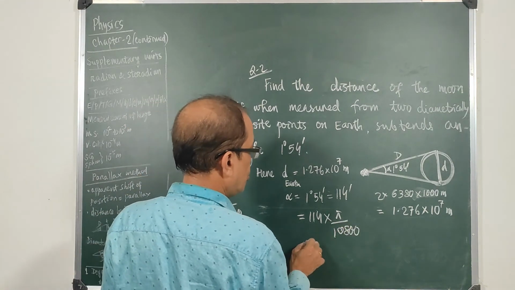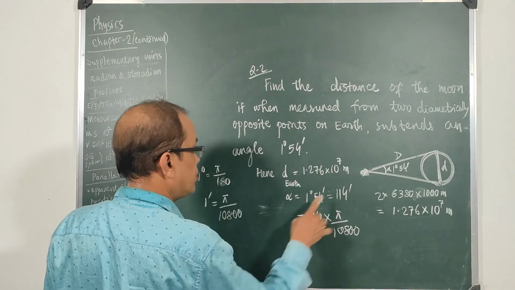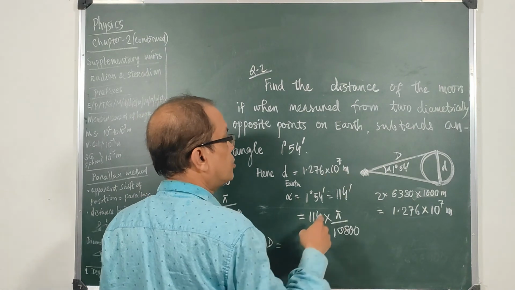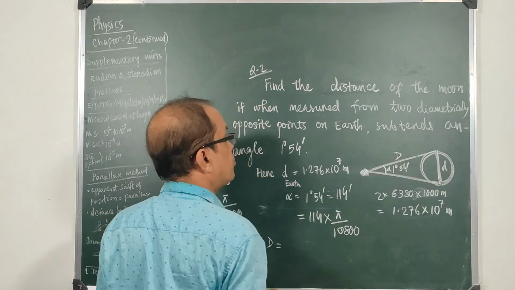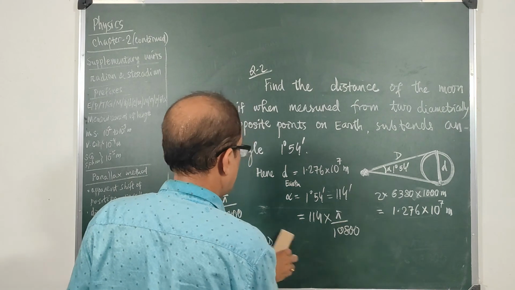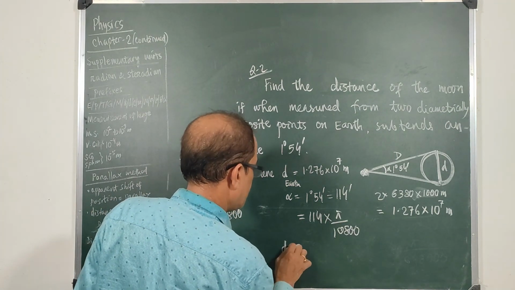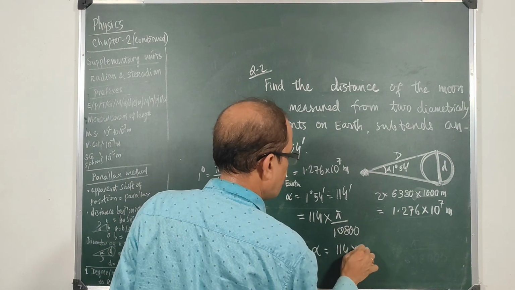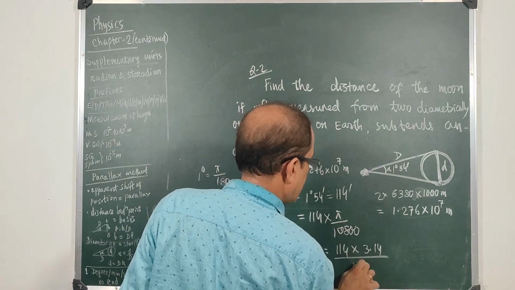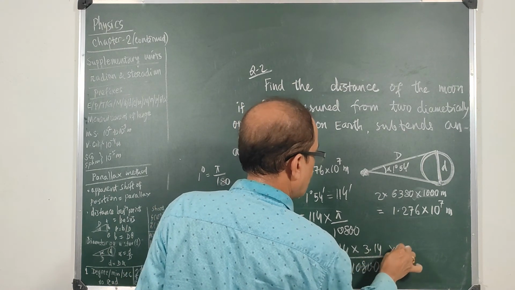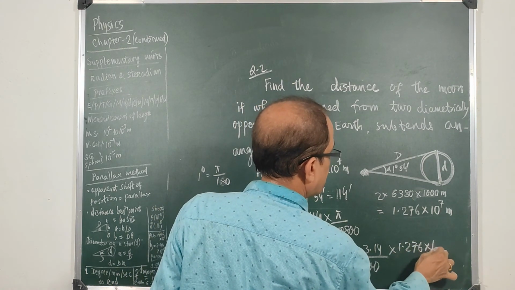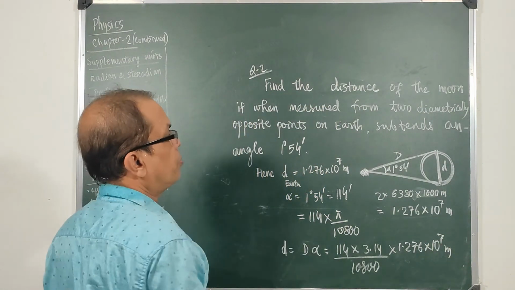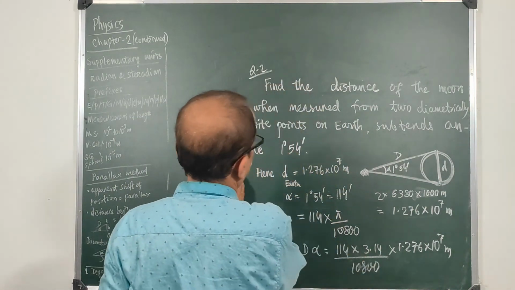When we find the distance, d upon D is alpha, so we can multiply 114 into pi 3.14 divided by 10,800 into 1.276 into 10 to the 7 meters. Calculating this, we can find the final distance of the moon from the earth.